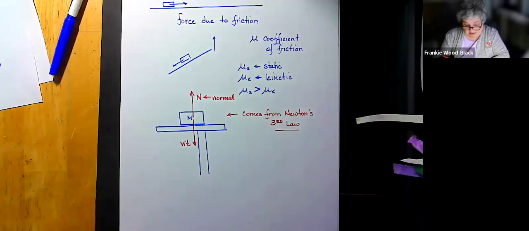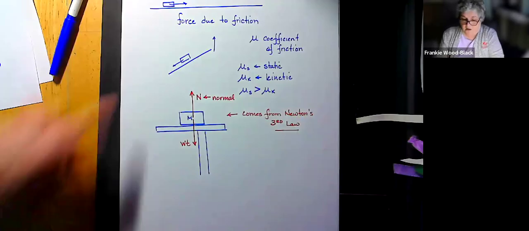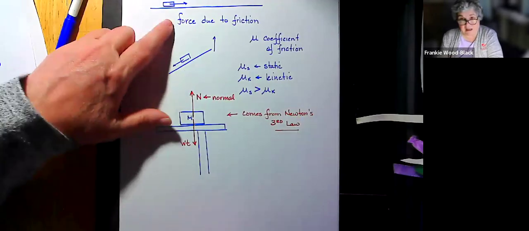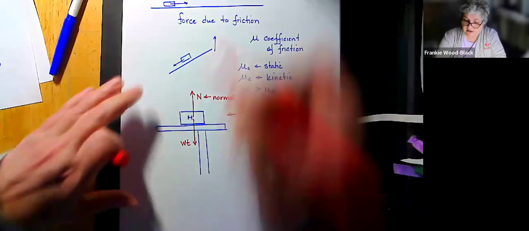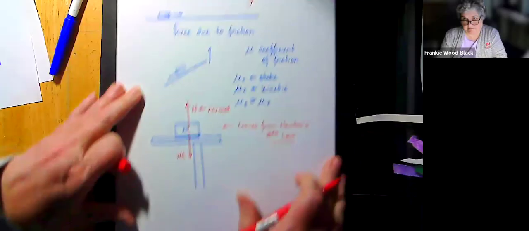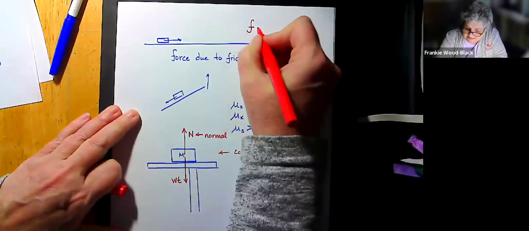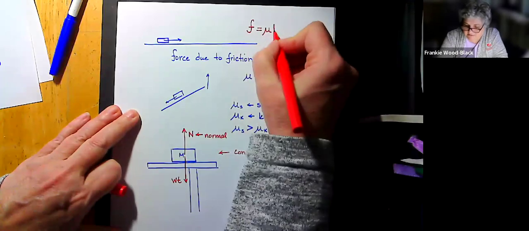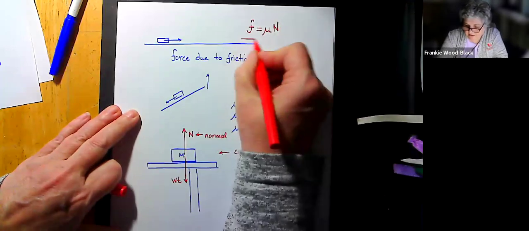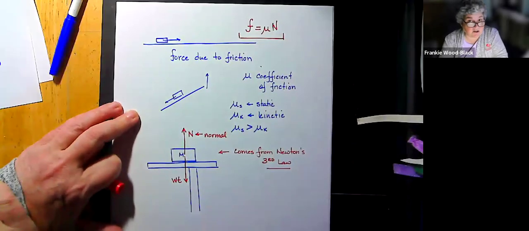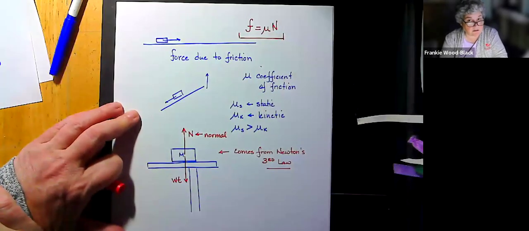Okay, that's where that's coming from. Well, for my force due to friction, what we have discovered is, and we're going to use a script F for my force due to friction, is that it's equal to whatever my coefficient of friction is times the normal force. So this is one of the things that we have to take into consideration when we're talking about forces.